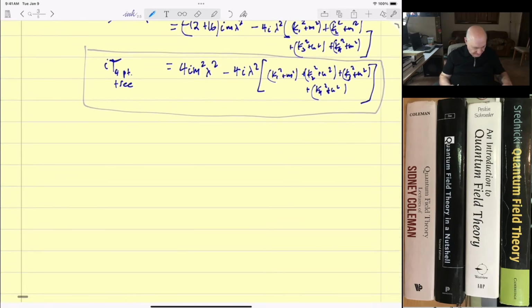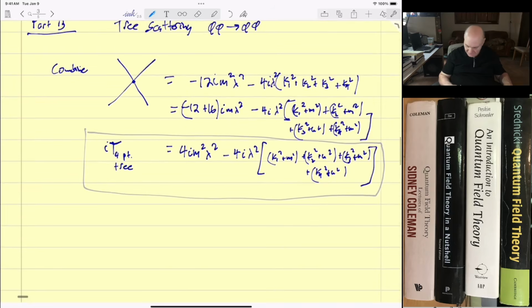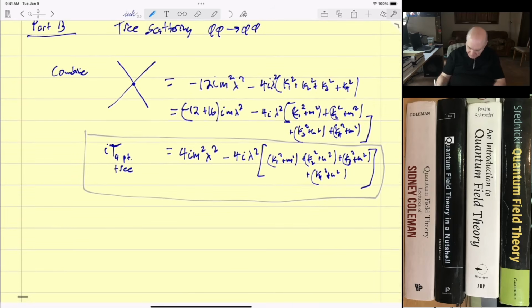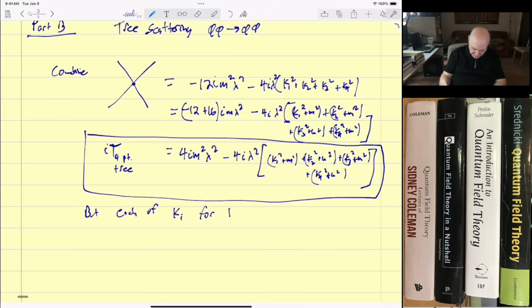There's more I can do with that. At least for what we're doing, each of the ki for the 4-point is on shell.